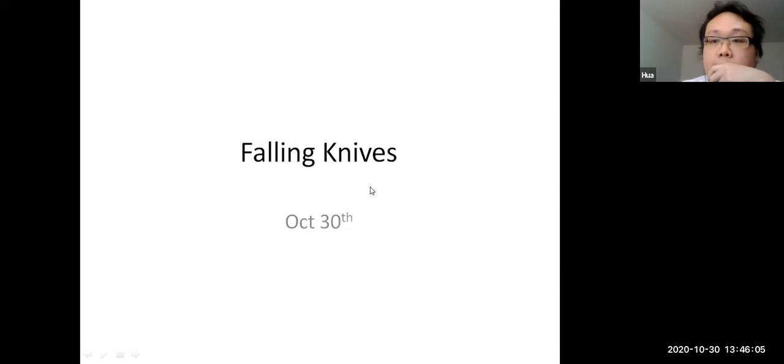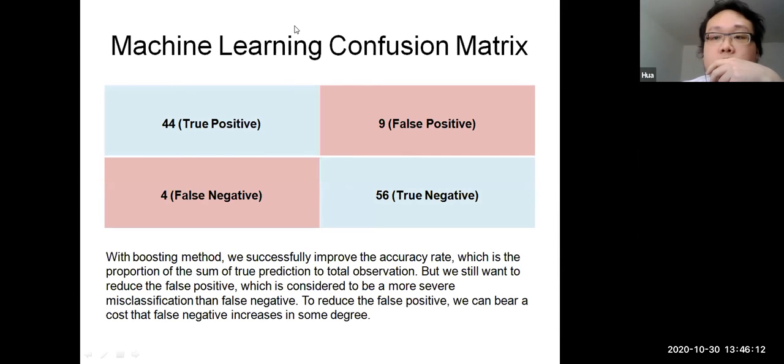Okay. First, as last time we mentioned, we use a classification, and so far with the boosting method, we successfully improved the accuracy rate. Accuracy rate is the proportion of true predictions to the total observations.